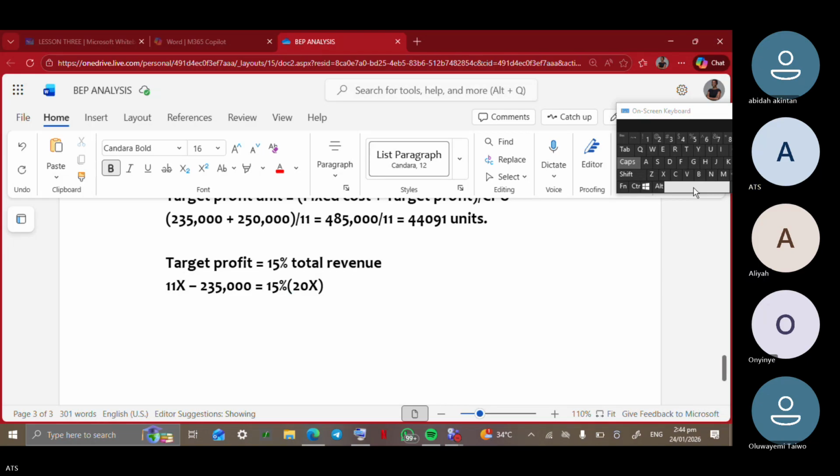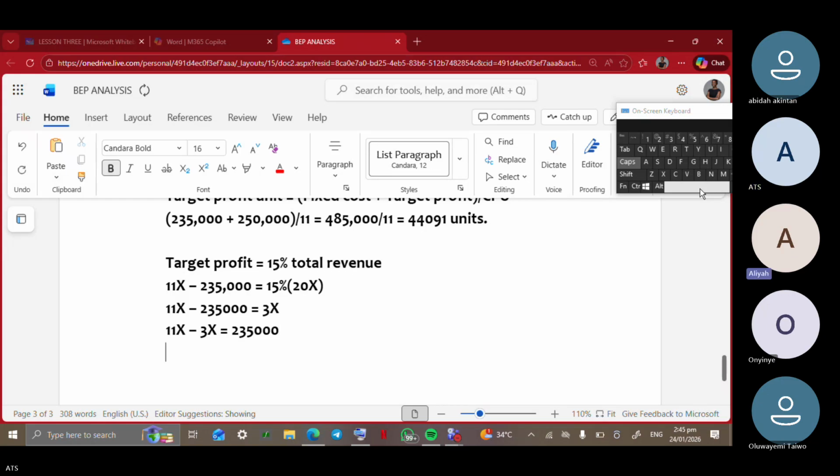Yes, ma'am. I just wanted to bring it in a way that is easier for us to calculate. So here you have 11x minus 235,000 is equal to 3x. So 11x minus 3x is equal to 235,000.